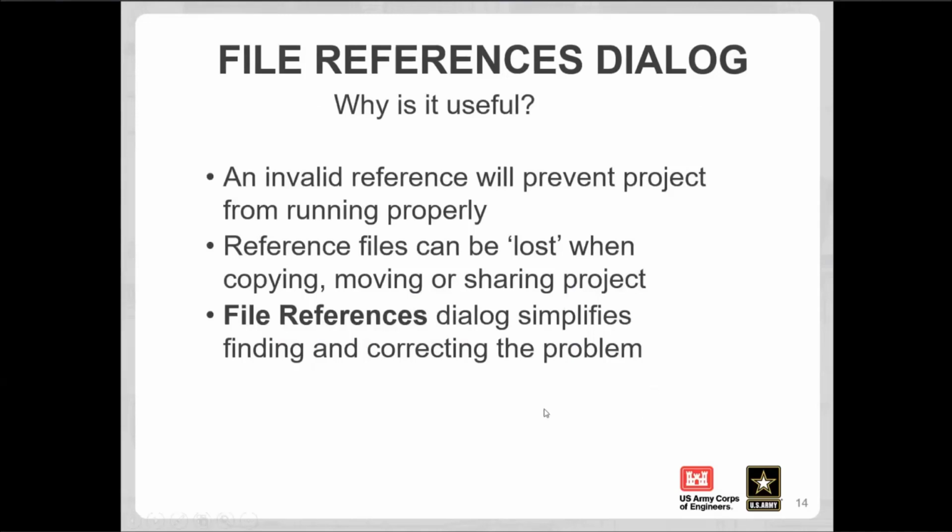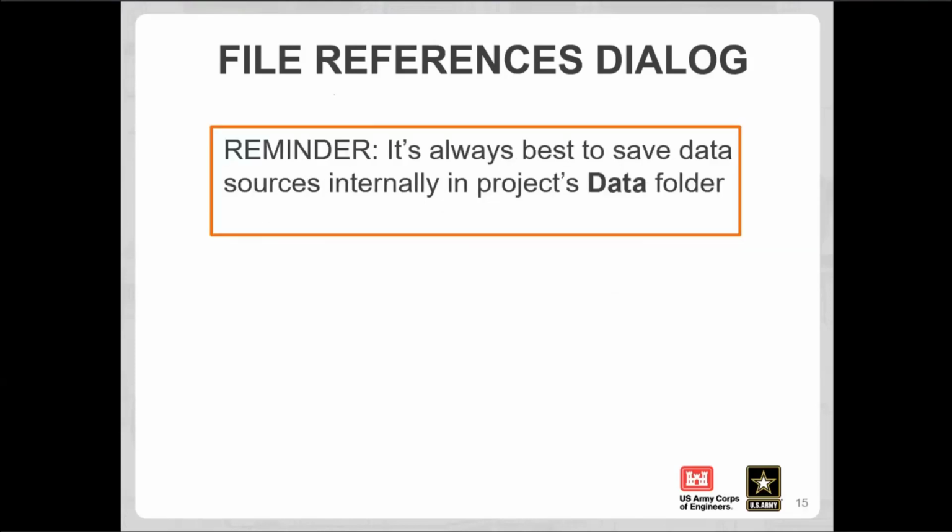Now, it's much easier to track these and fix them if they're all in one place. So this is a good place to remind everybody that it's helpful to save data sources internally in your project's data folder to avoid these issues with losing things and breaking links.